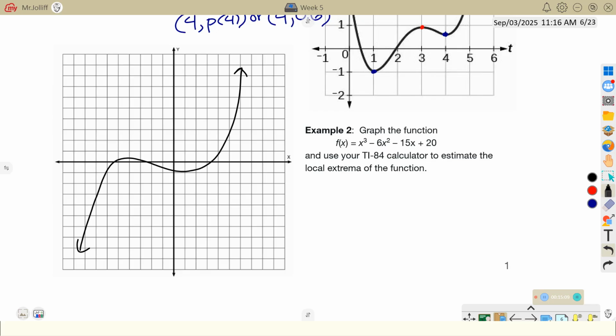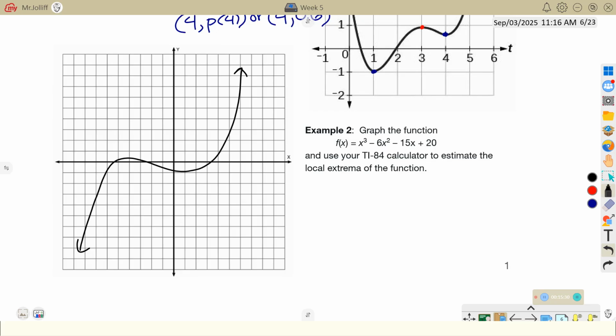Minus 6x minus 15x plus 20. So I can see that there are bumps because I can see it's going up and then down and then up.